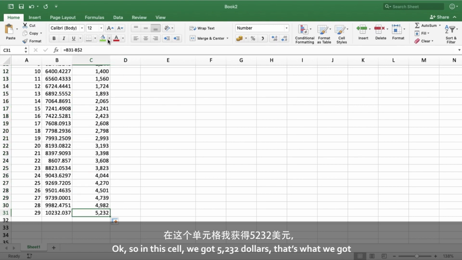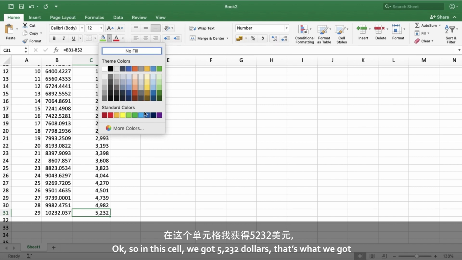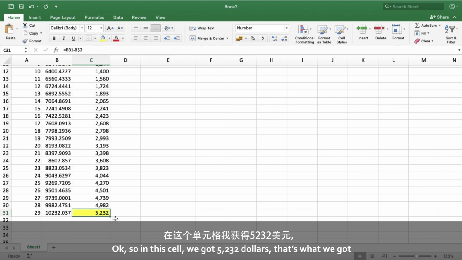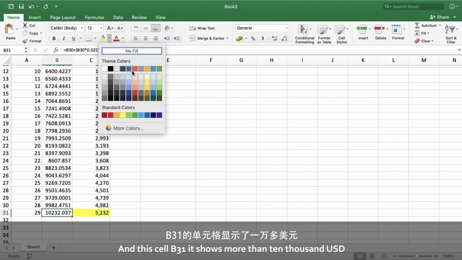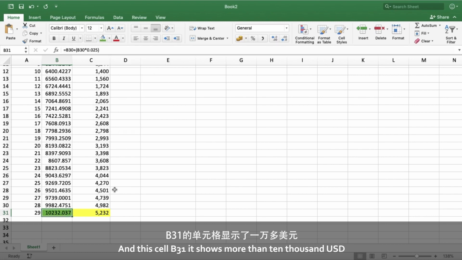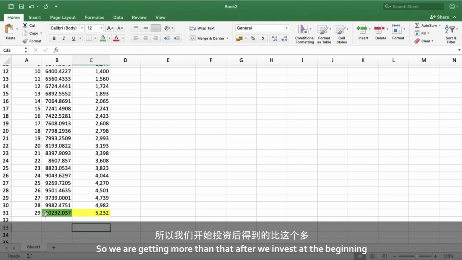Okay, so in this cell we got $5,232. That's what we got just thanks to compound interest rate after 30 years. And this cell, B31, shows more than 10,000 USD. So we are getting more than double what we invested at the beginning.